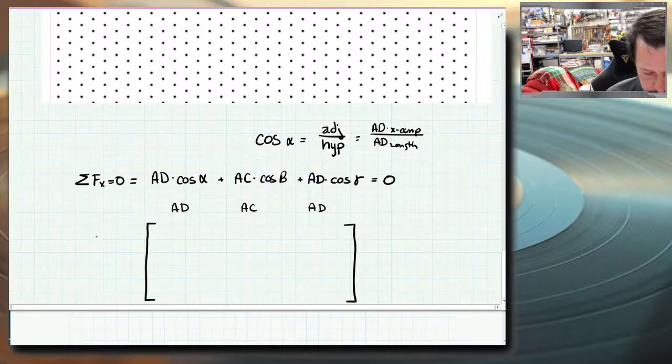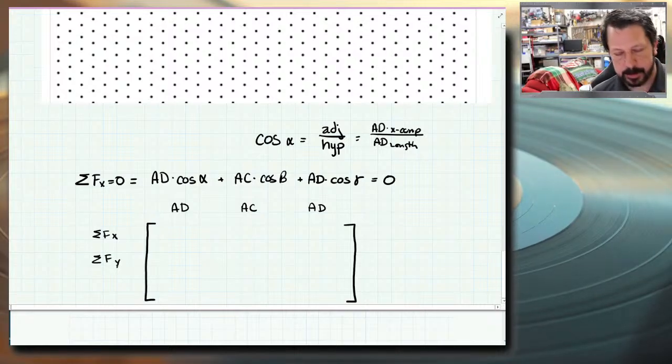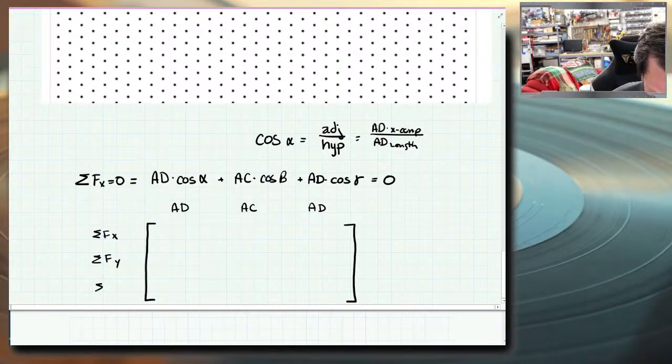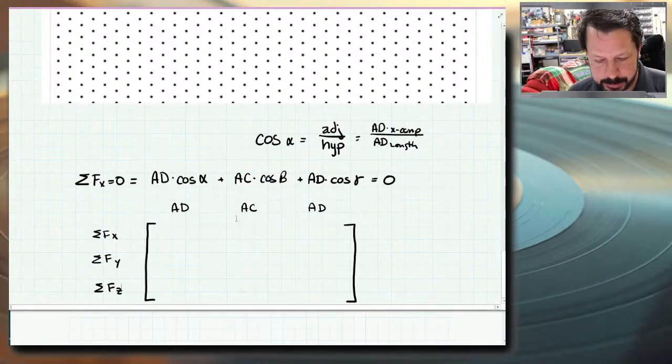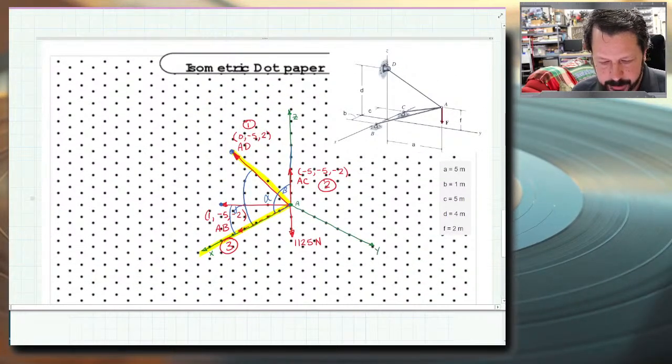This first row will represent the summation of forces in x direction. The middle row will represent the summation of forces in the y direction. And the bottom row, summation of forces in the z direction. You don't have to do the top row as x, the second row as y. Just the rows have to be all x components, and the columns have to be sorted by the variable, even if there's a 0 in there, which we start out with a 0, right?